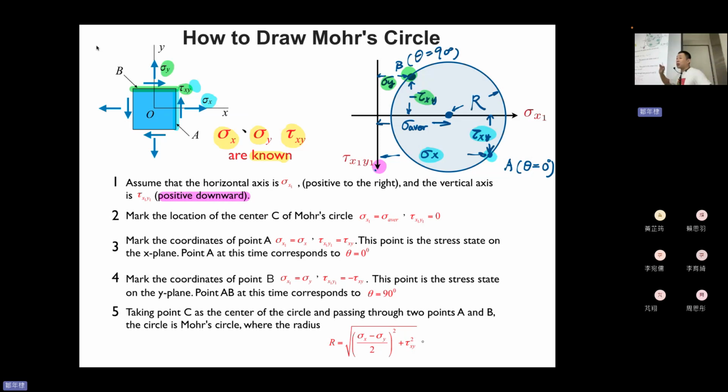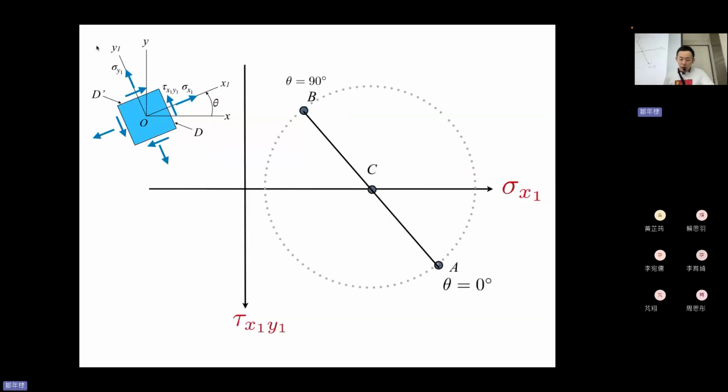So now we set the Mohr law. Now we are going to use that. We are going to set the theta 0. Okay, if we make the x1 theta 0, and then we say this is the D plane, new axis x1. So we are going to determine sigma x1, tau x1 y1.